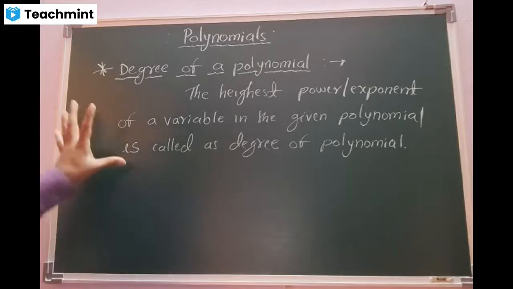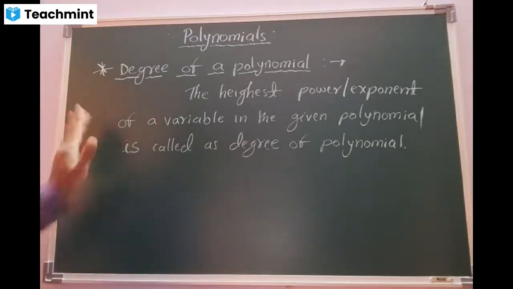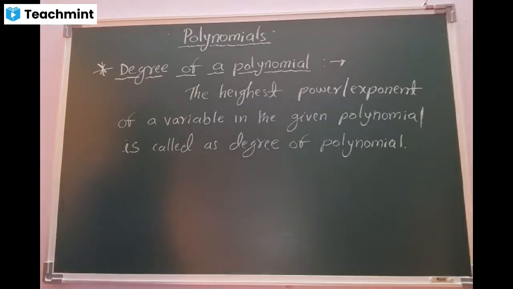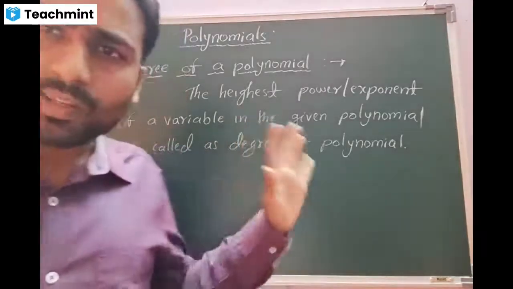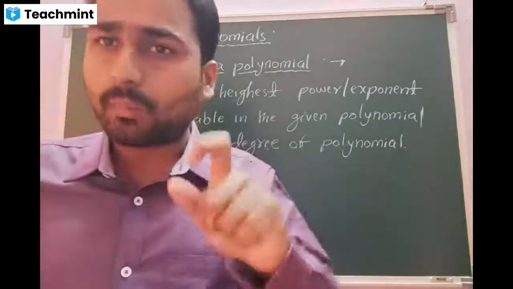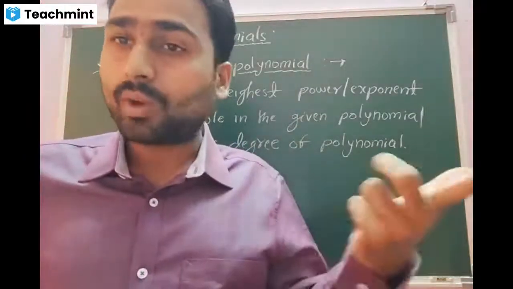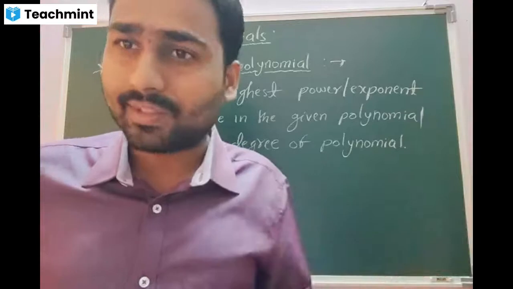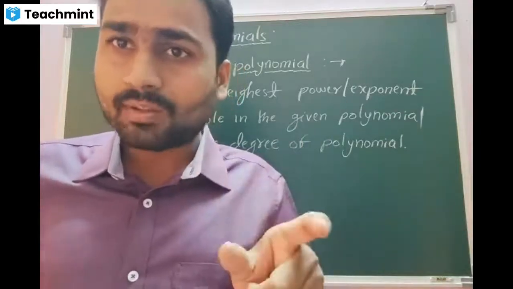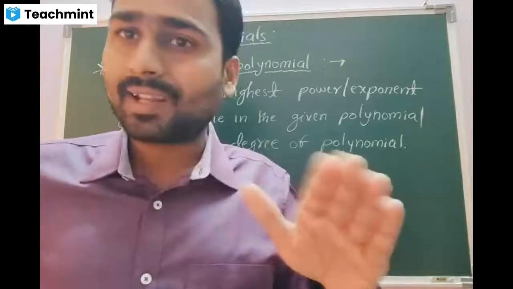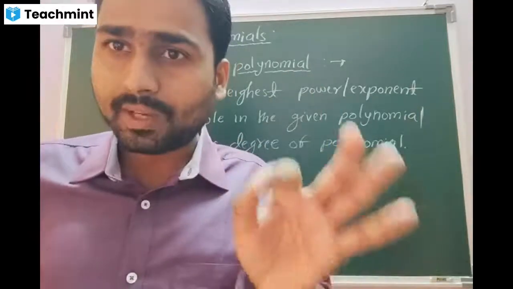Beta Shreya, will you repeat the sentence what I have written on the board? Quick. Yes, sir. The highest power exponent of a variable in the given polynomial is called as degree of polynomial. Very good, beta. So look at the meaning. It is very simple, beta. You have to write one polynomial first. Question comes, what is a polynomial? In the last class, we discussed, beta, an algebraic expression in which the powers or exponents of each and every variable should be a whole number.